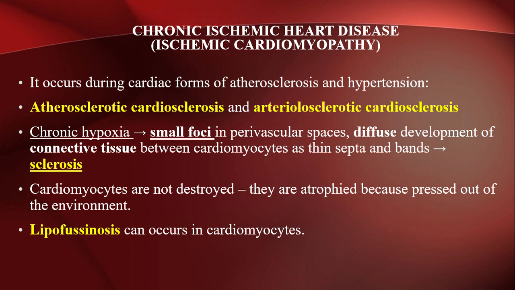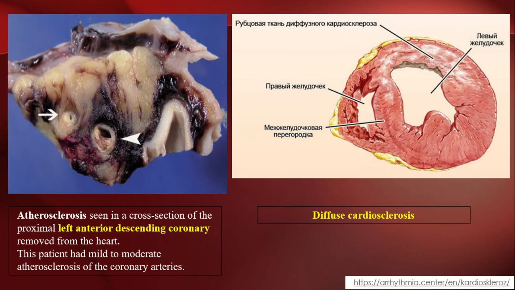During this disease develops chronic hypoxia and small foci in perivascular spaces, with diffuse development of connective tissue between cardiac muscle cells as thin septa and bands that lead to the formation of sclerosis. The cardiac muscle cells are not destroyed. They are atrophied because they are pressed by the environment. Lipofuscinosis can occur in cardiomyocytes.